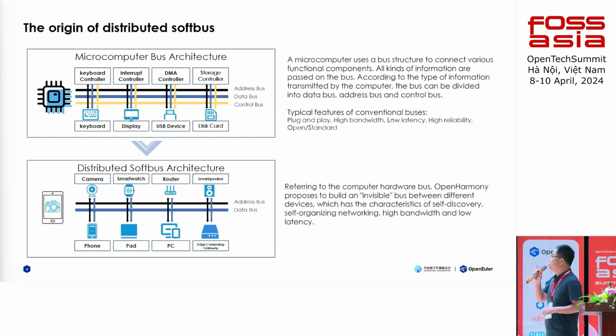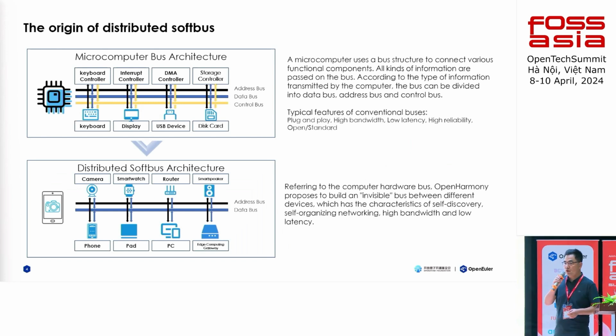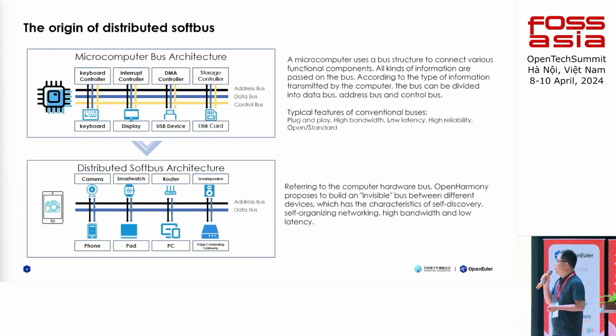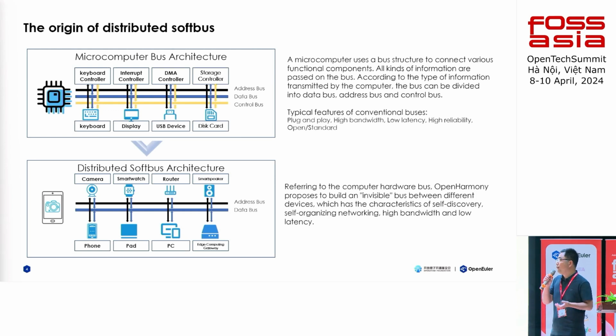On this page, I want to talk about the distributed Softbus. We all know the hardware bus in a microcomputer, right? The hardware bus connects the CPU, memory, and other peripherals together, and the data and control information are passed on this hardware bus.